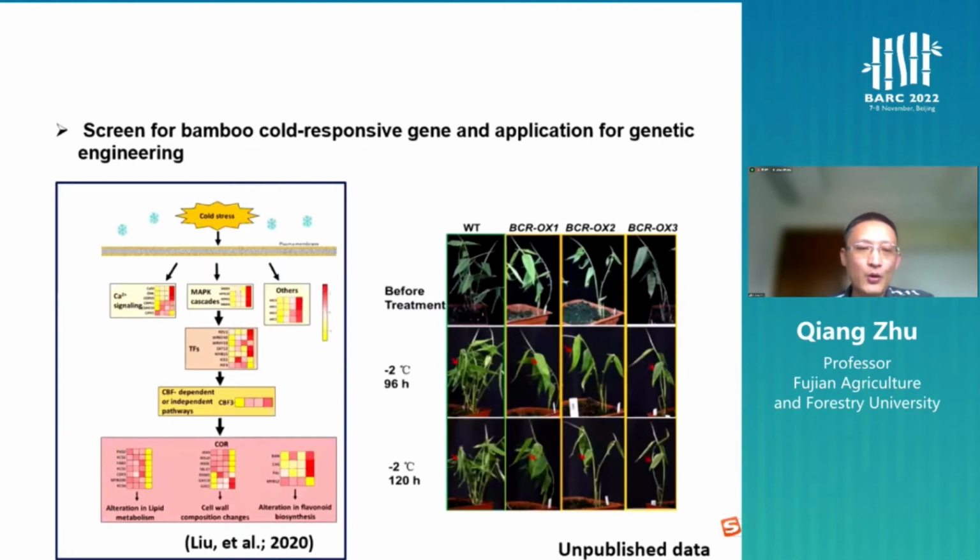In 2020, my lab systematically investigated how bamboo responds to cold stress, and we identified a number of transcription factors that are potentially involved in this process. We got the transgenic lines and performed the cold treatment, and for several lines, they exhibited the cold tolerant phenotype, as we show in this slide.